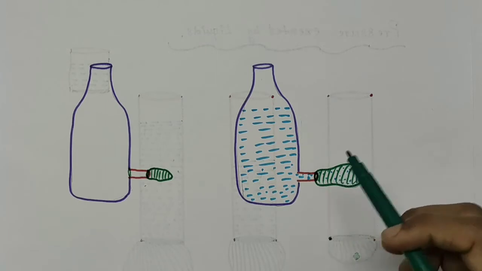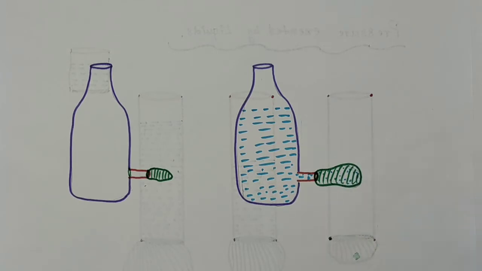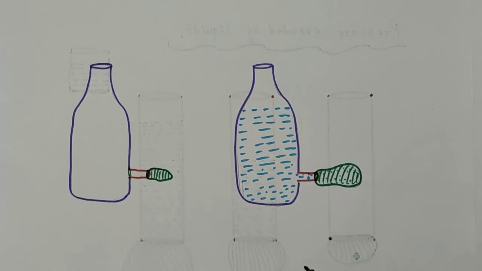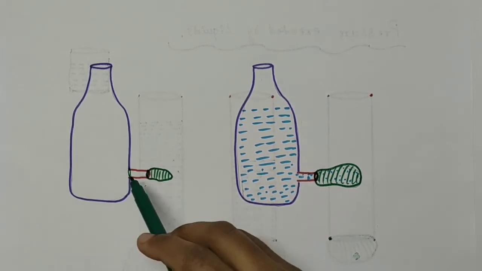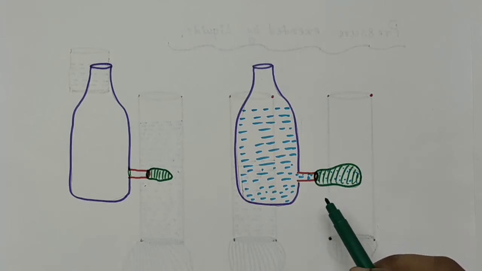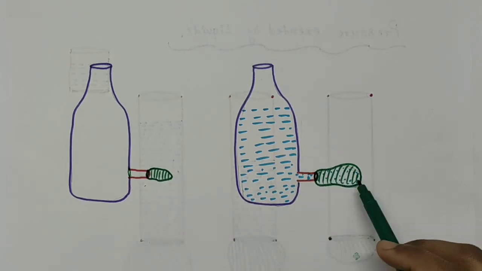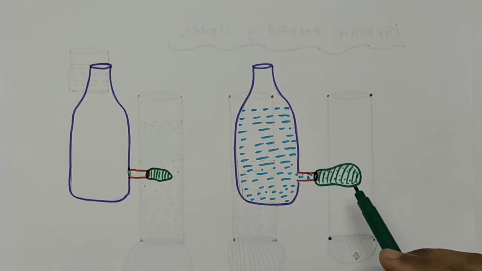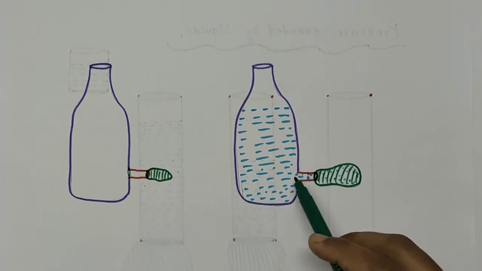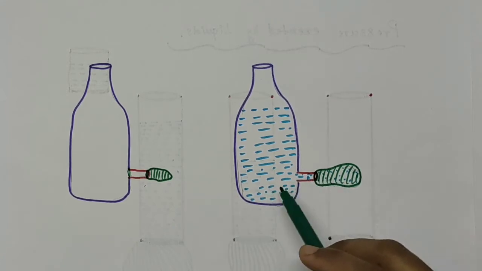The balloon will bulge even more. So, what can you conclude from this? The balloon is fixed on the side of the bottle, and the bulging of the balloon indicates that the water exerts pressure on the sides of the bottle.